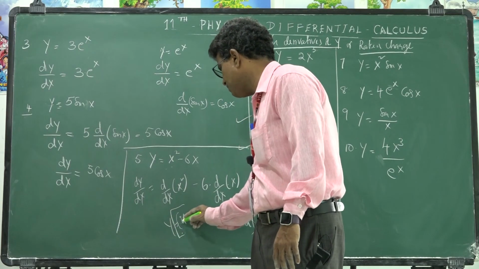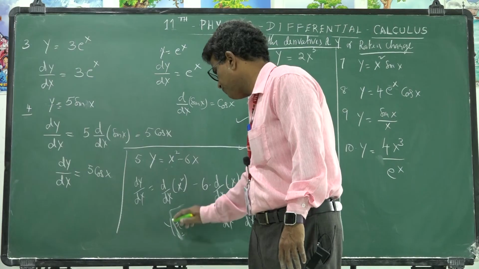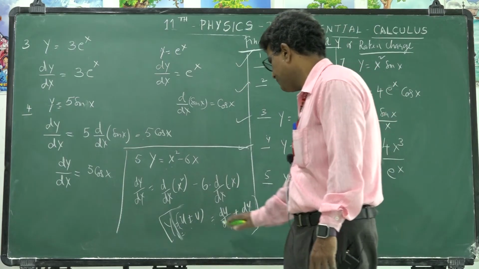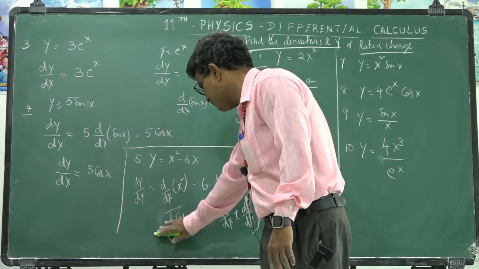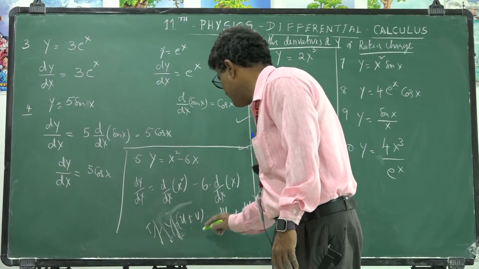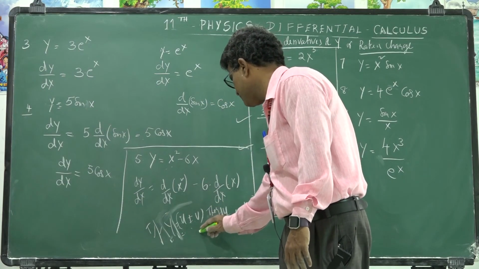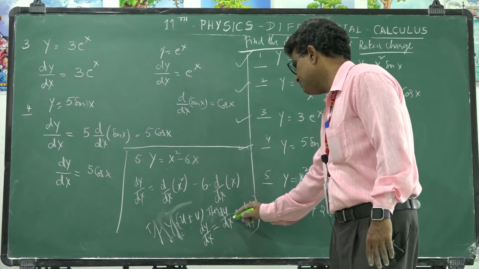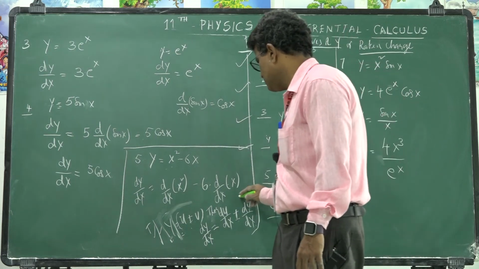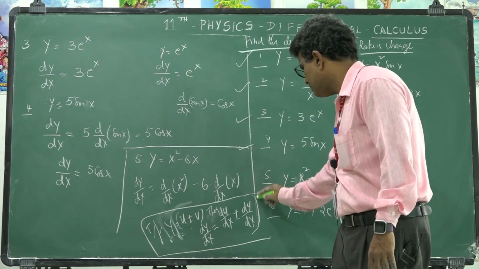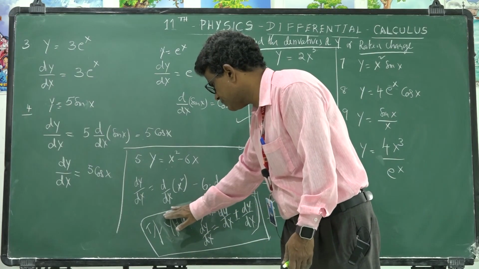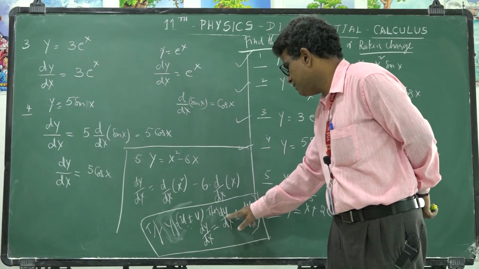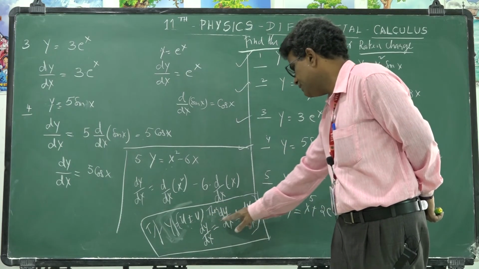I am using this formula. If y is a function of u plus or minus v, then its derivative is dy by dx is du by dx plus or minus dv by dx.